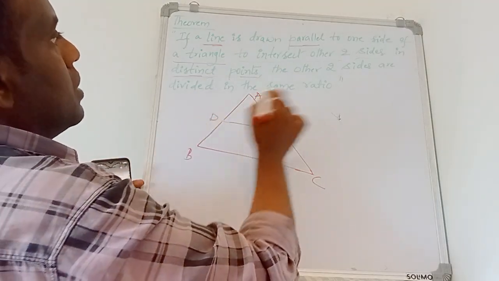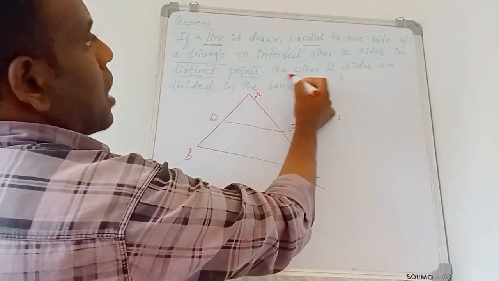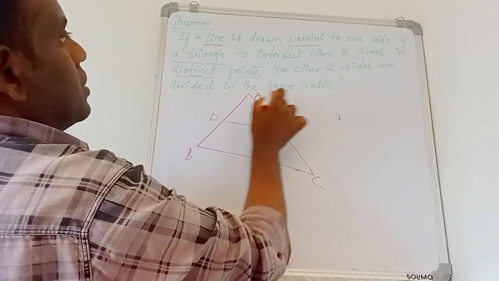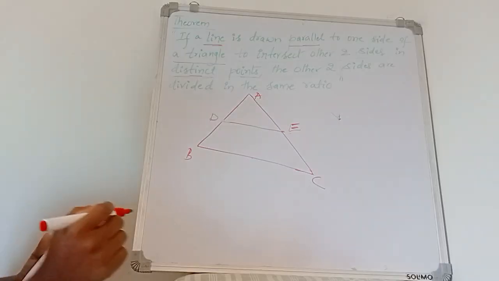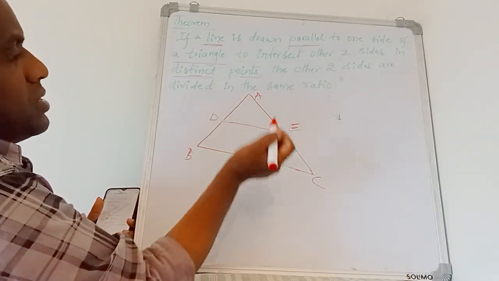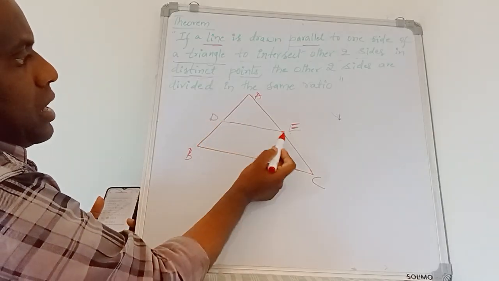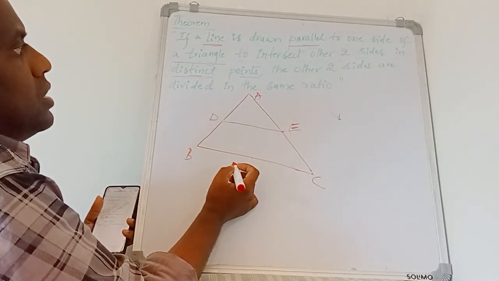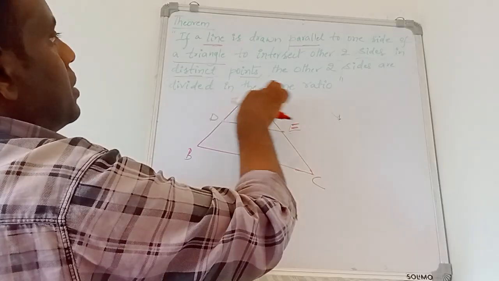Next, continuation: the other two sides are divided in the same ratio. The theorem is saying when we draw a parallel line like this, the other two sides are divided in the same ratio.